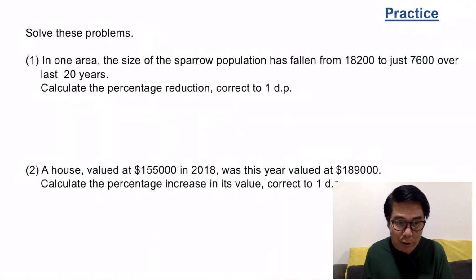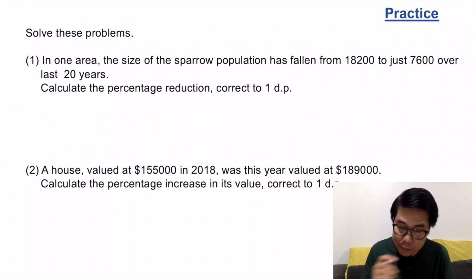The first one we have: in one area, the size of the sparrow population has fallen from 18,200 to just 7,600 over the last 20 years. Calculate the percentage reduction correct to one decimal place.